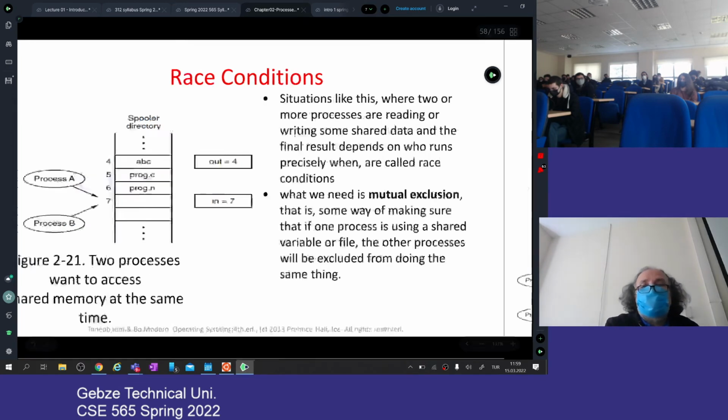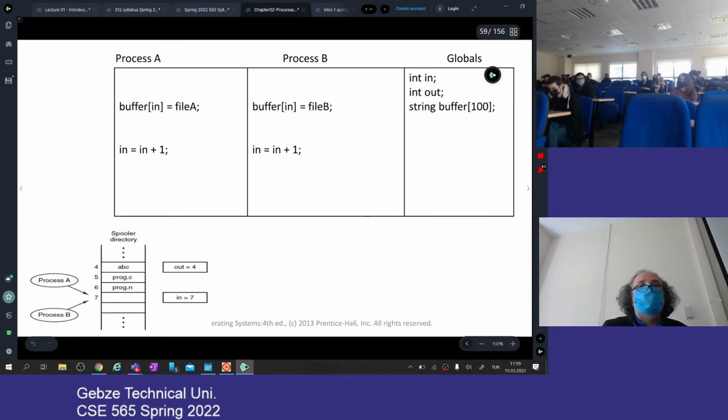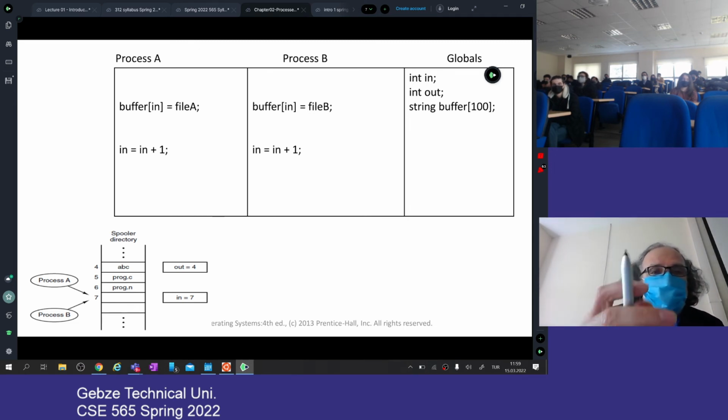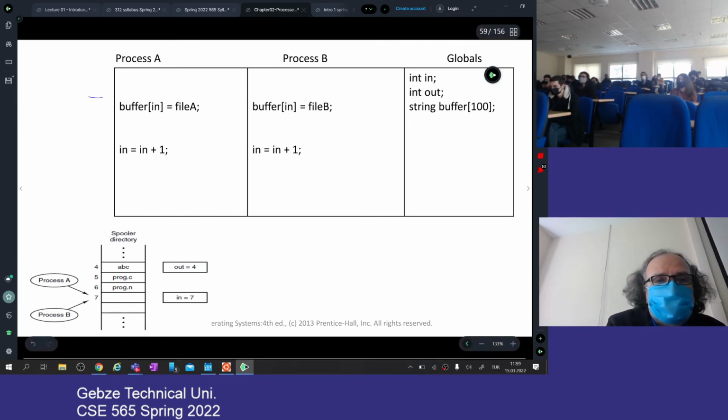So let's see what kind of problem I can have here. Process A and process B are trying to run these simple lines of code, and both of them have access to these three global data structures, two integers and one string array. Let's say process A is running.